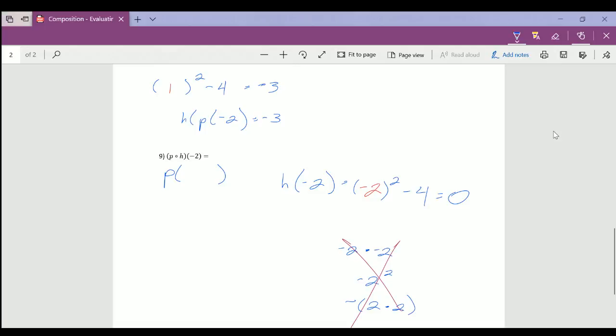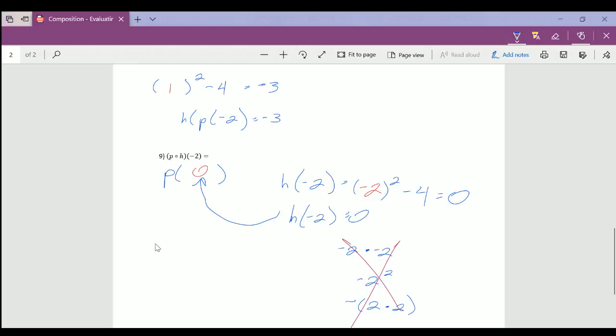So definitely be very careful of how you enter it. All right, so we know now that h of -2 is 0, and that's going to be what goes right in there. We'll put the number 0.